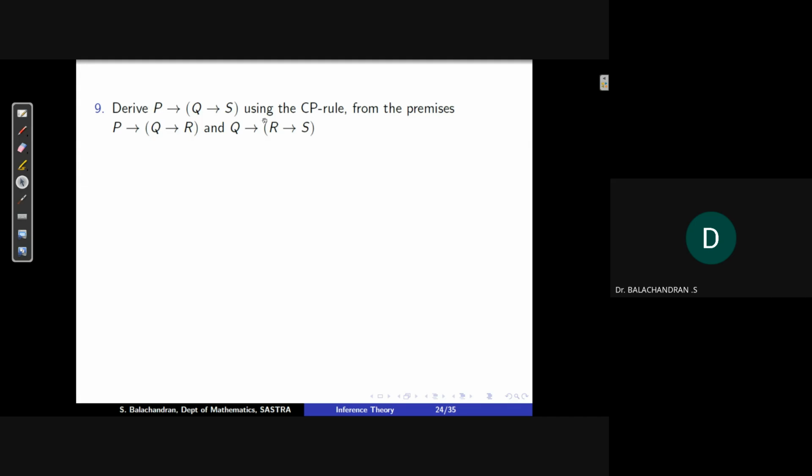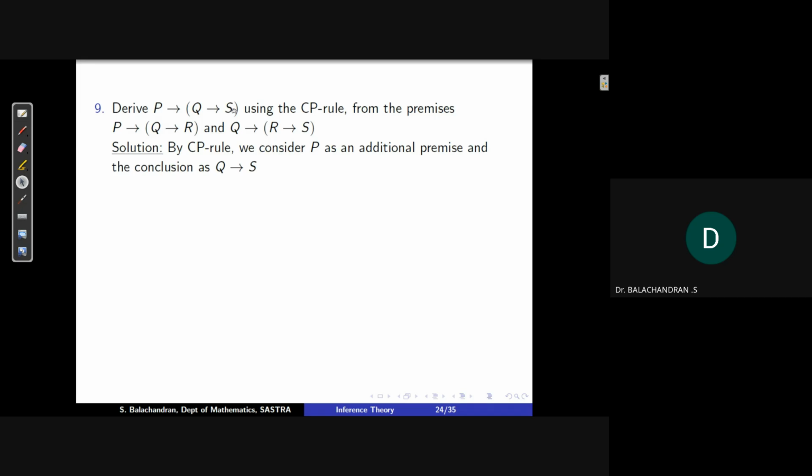Using 1, 2, 3, we will get Q implies S. Then from these, we will get P implies (Q implies S). So that is the meaning. What are the premises? Given premises. By rule CP, we consider P as an additional premise.